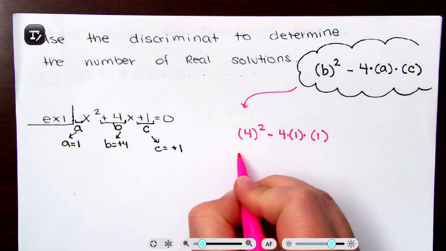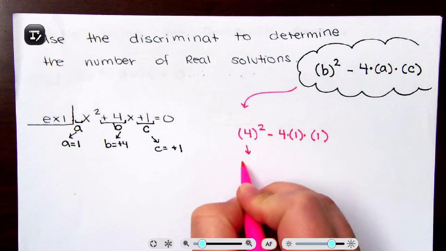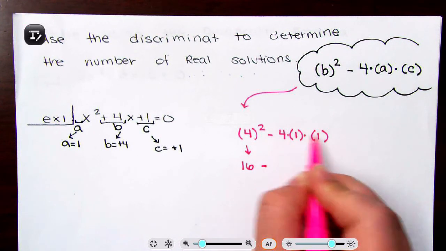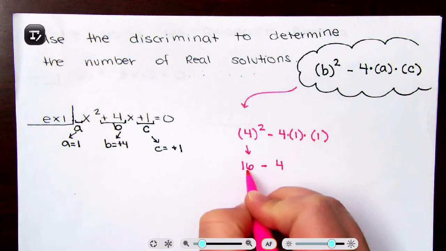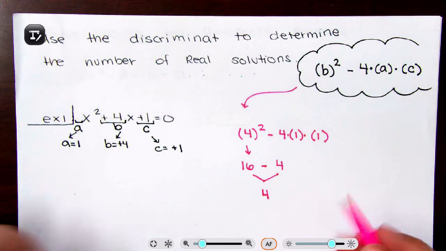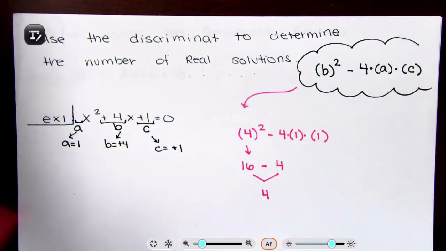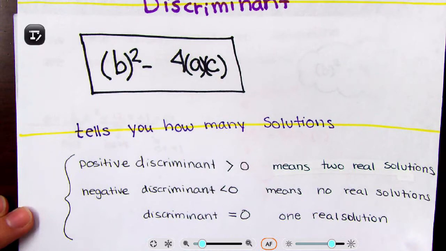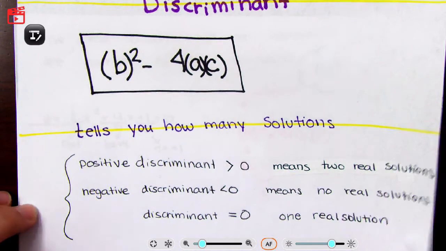4 times 4 is 16. 4 times 1 is 4. 4 times 1 is still 4. 16 minus 4 is 4. So again, what are our options? If it is positive, greater than 0, that means there are 2 real solutions. Negative, no real solutions. 0, 1 real solution.